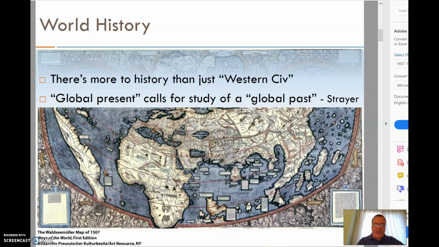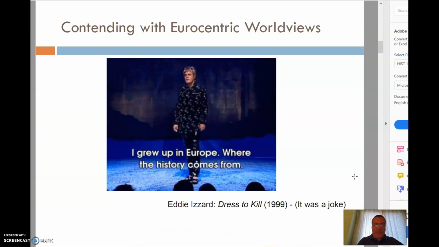One thing that Strayer says about this that I think is helpful is that there's more to history than just Western Civ. A global present, as he argues, calls for the study of a global past. And one of the things that becomes clear as we look at the rest of the world around us is that some things that are dictating our experiences today are dictated by what scholars would refer to as a Eurocentric worldview.